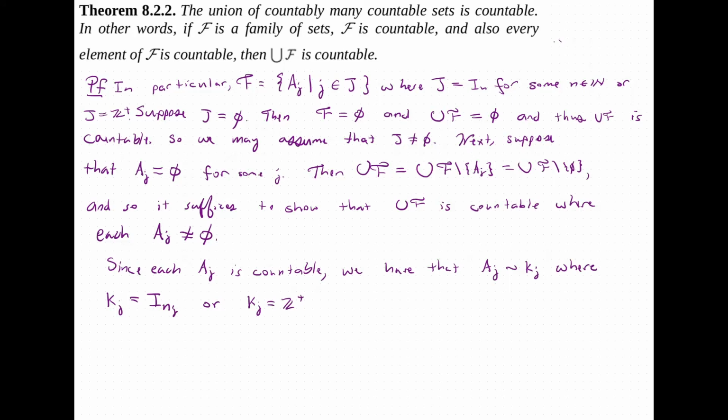And so here, n sub j is a positive integer. And so let me just go ahead and write this way: I sub n sub j with n sub j being a positive integer, or K sub j being equal to the positive integers.